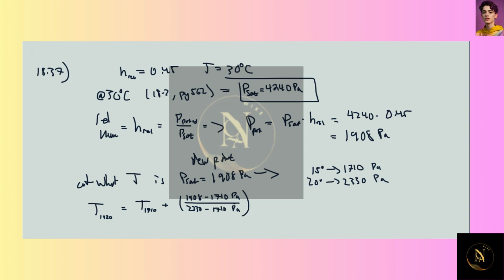So this is the difference in pascals here. And we need to multiply this times the difference in temperatures, which is 5 degrees from 15 to 20. And this easily comes out to being 15 degrees Celsius plus 1.6 degrees Celsius, or 16.6 degrees Celsius. Awesome.